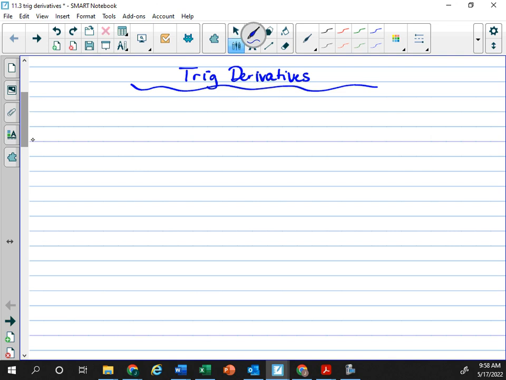The way I'm going to note that I'm finding the derivative of a trig function is I'm going to say d dx, so just the derivative with respect to x of sine of x. Okay, we're just evaluating that little piece. So what would you tell me the derivative of sine is? That one. Then what about d dx of cosine? What do we know that one to be? Yes.